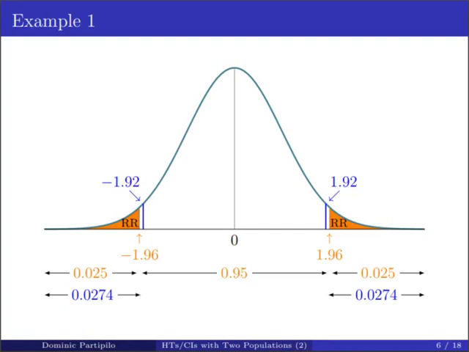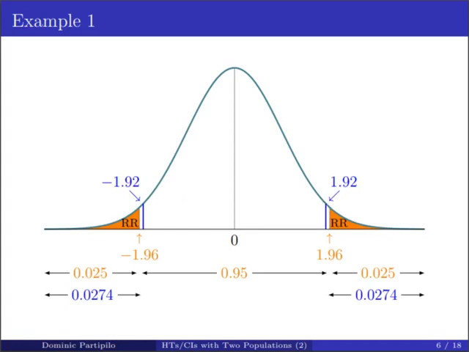So what happens when we're calculating our p-value is we're looking for the area to the right of this 1.92 right here. And that tells us the probability of observing something as extreme or more extreme than this value right here. But since it's a two-tailed test, we have to take into consideration this tail as well.